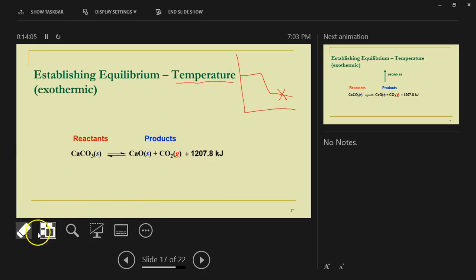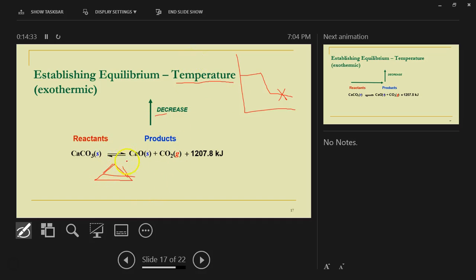So this temperature is just like any other guy on the seesaw. We've got our little fulcrum here at the reaction arrow, and they're going to tell us whether it's an increase in temperature or a decrease in temperature. Let's see what they're going to tell us. It's a decrease in temperature. So what are you going to do for a decrease? He's just like any other guy.